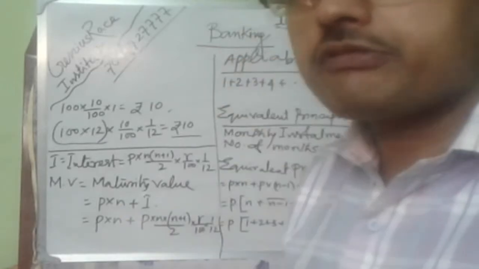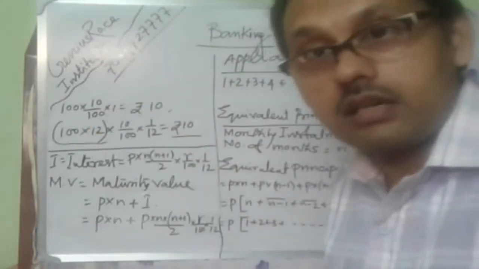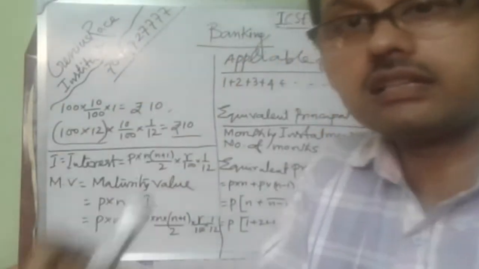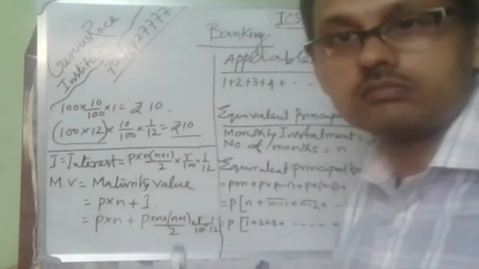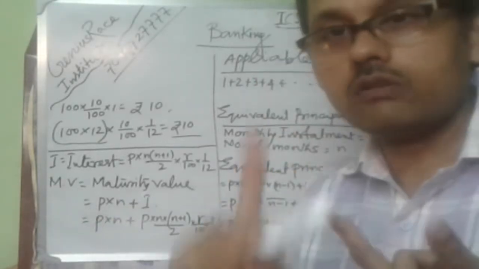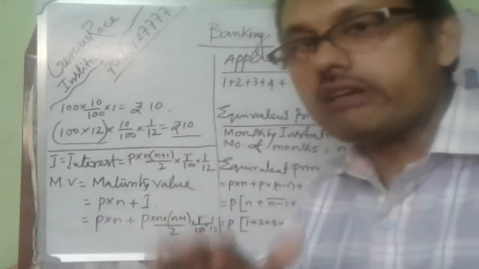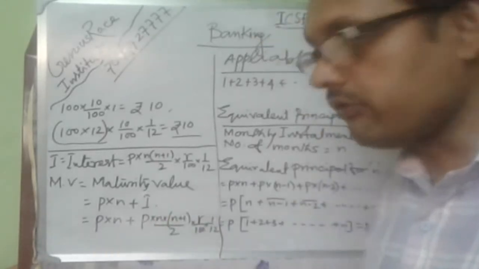Now the second installment bank will keep 1 month less. That's 59 months. Third installment 58 months, and gradually the last amount they will keep for 1 month only.